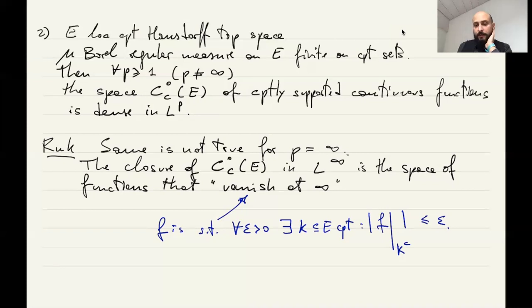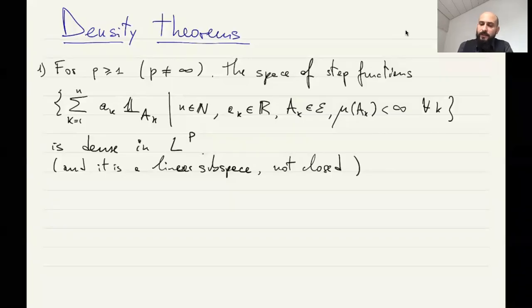Okay, let me say something about the proof of these two theorems without too many details. To prove that the step functions are dense in LP, actually we more or less saw this for L1, or actually maybe this was the way we were defining integrable functions as limits of step functions.